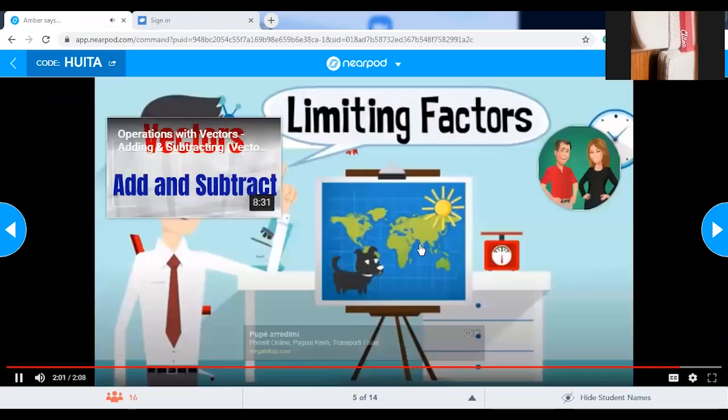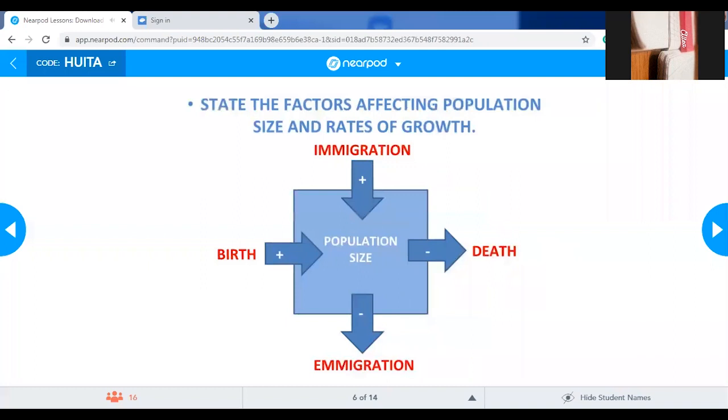So what was a limiting factor of a population? Like we saw from the video, it is any biotic or abiotic factor that affects the population growth.